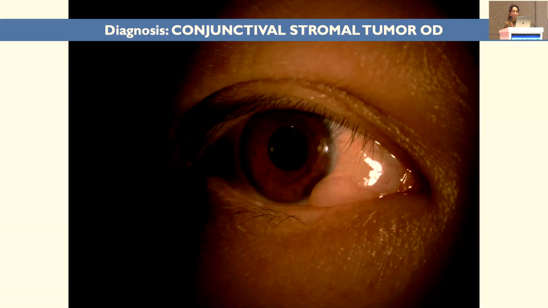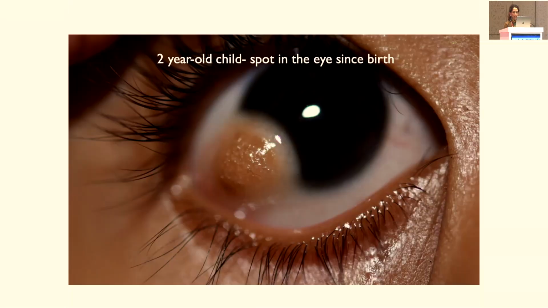There is no direct association of COAST with cardiac myxoma, but when a patient comes with COAST, we still evaluate them with a cardiologist to rule out a cardiac myxoma.